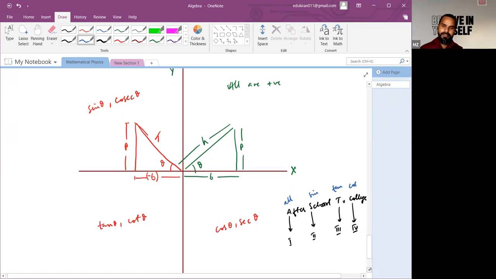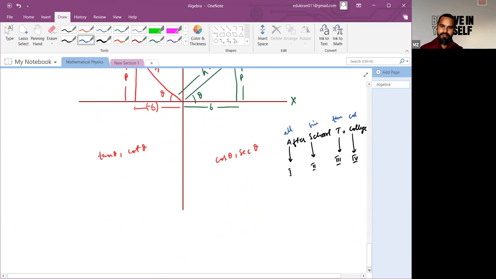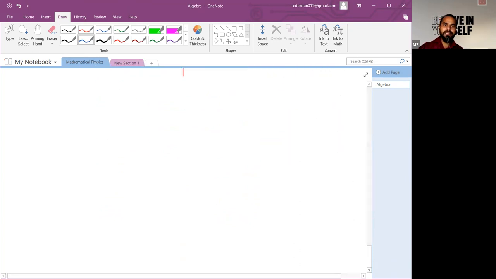Now, the next part is to define on the basis of change. Let's say we have this as your horizontal line and this as your vertical line.